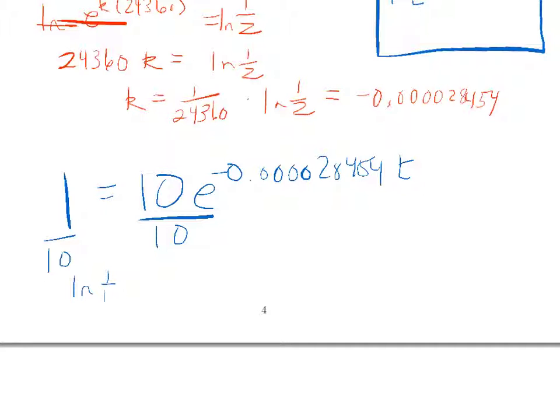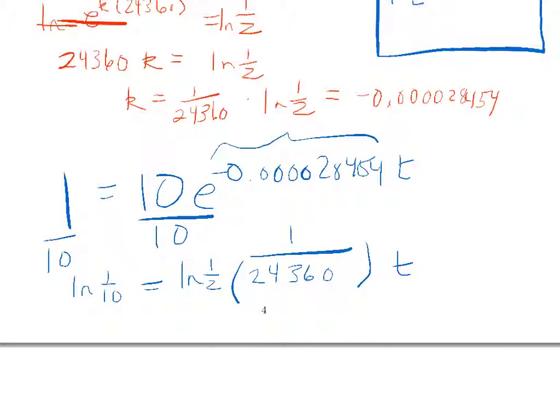So ln of 1/10 is equal to, remember what k is in non-decimal form? ln of 1/2 times 1 over the half-life, 24,360, times t. So to solve for t, we divide by the natural log of 1/2 and multiply by 24,360 on both sides.